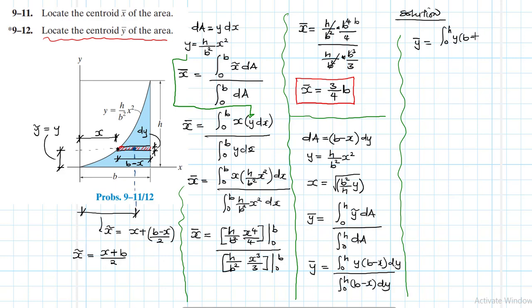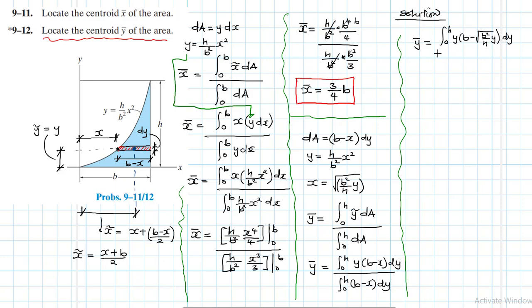So let's replace the x there. It becomes the root of b squared divided by h times y, and then we have a dy.